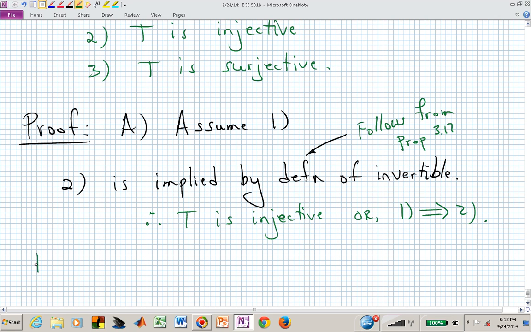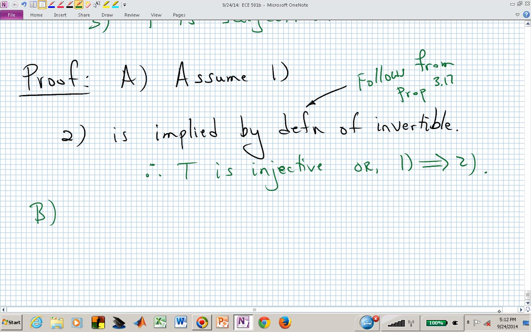What about another implication? Let's say B. Let's assume we start with an injective map, or assume statement 2. What do we know about the null space of an injective map?